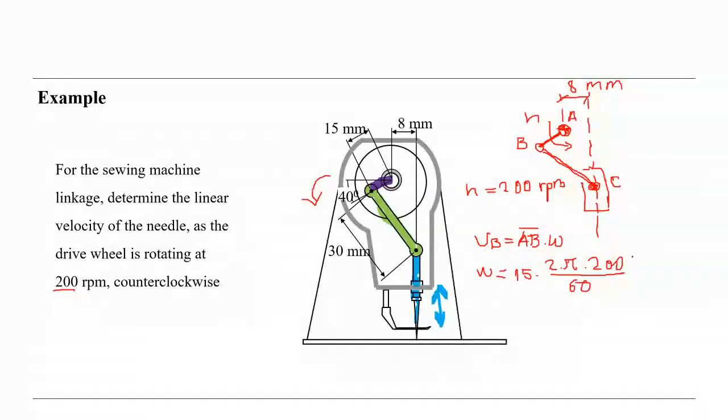So then at the end here we have, let's assume that pi is 3, and then it is equal, so 15 times 2 times 3, 6, times 200 over 60, and then we have here 0 take out, here we have 6, 1, and here also 1, and we have here 20 times 15, so it is equal how much? 300.